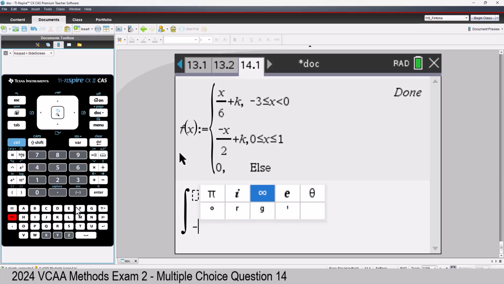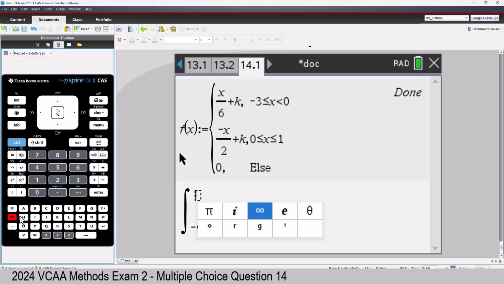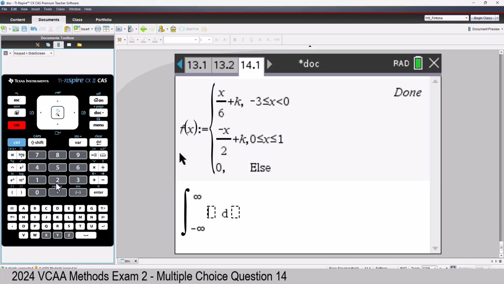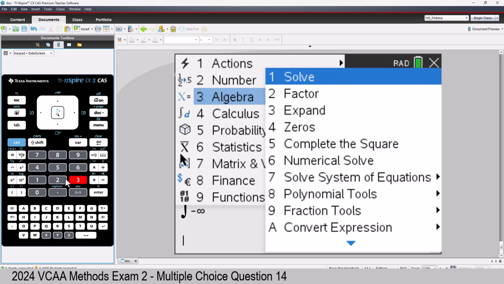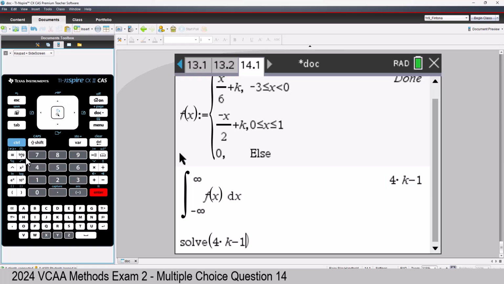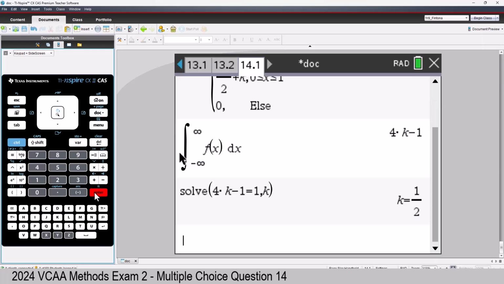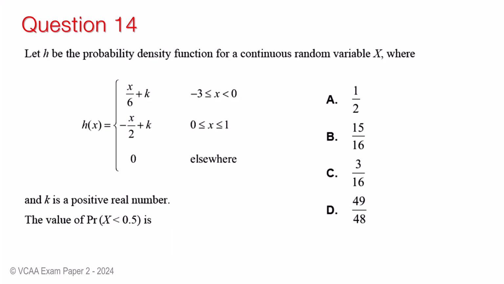And as this is a continuous PDF, we use the integral. You can do this from negative infinity to positive infinity, or simply from negative 3 to 1. Now solve for k. Notice that the value for k matches one of the multiple choice responses.